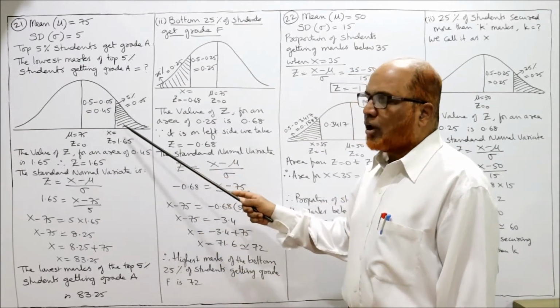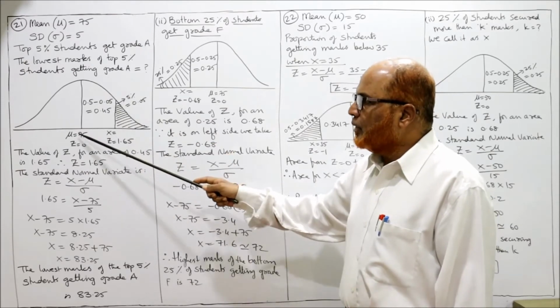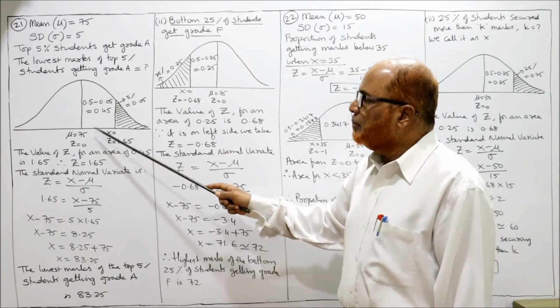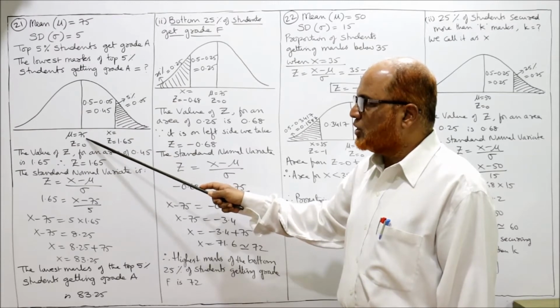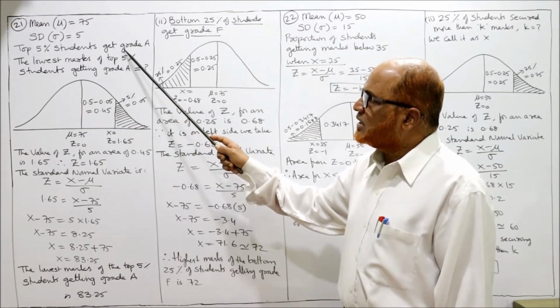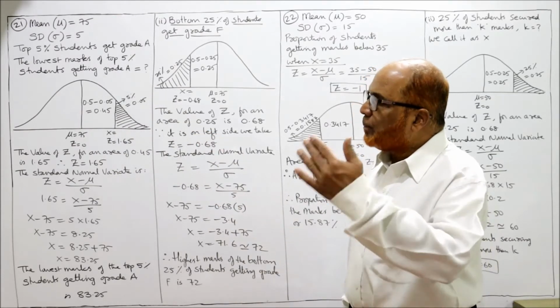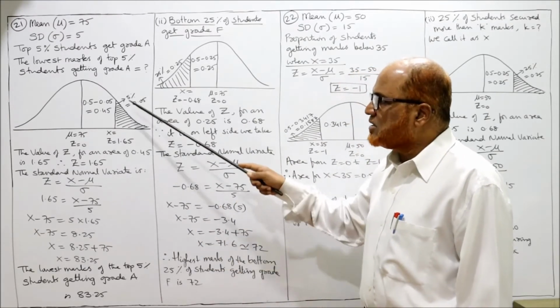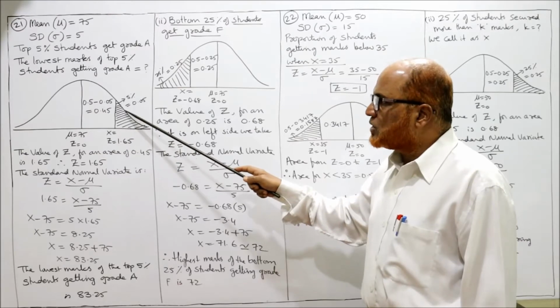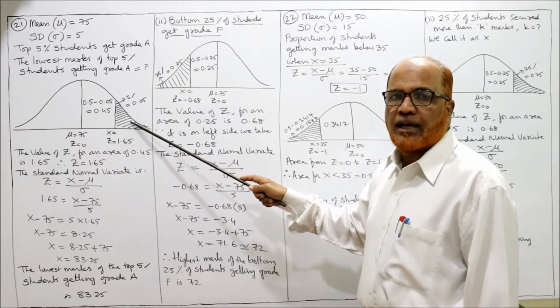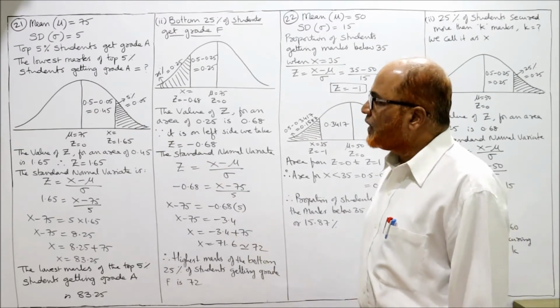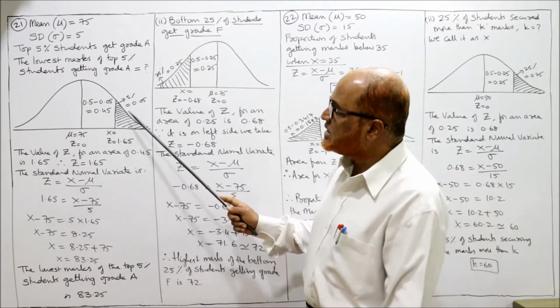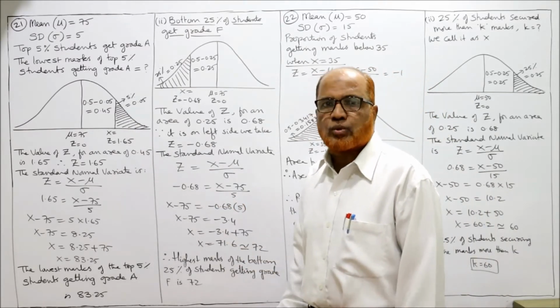By drawing the normal curve, in the middle mu is equal to 75, the mean is 75, z is equal to 0. Now the top 5%, top means right hand side. The top 5% of these students got grade A. Now we need the lowest marks of this top 5% of students.